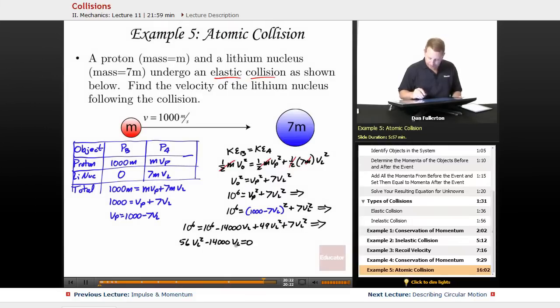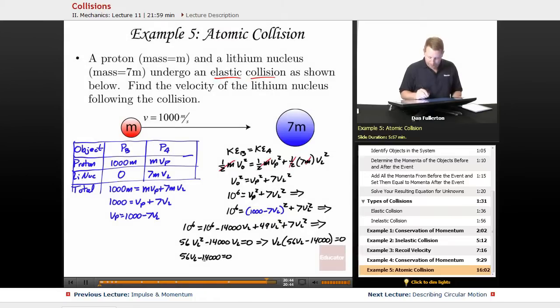And we can factor out a Vl to say that Vl times (56 Vl minus 14,000) equals 0. So either Vl equals 0 or 56 Vl minus 14,000 equals 0.